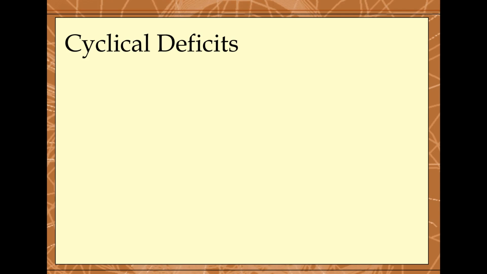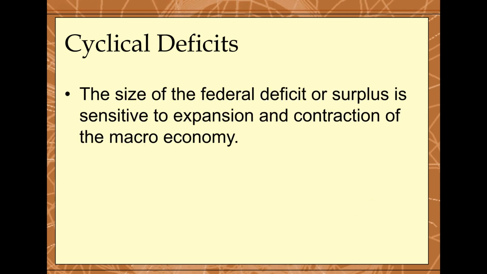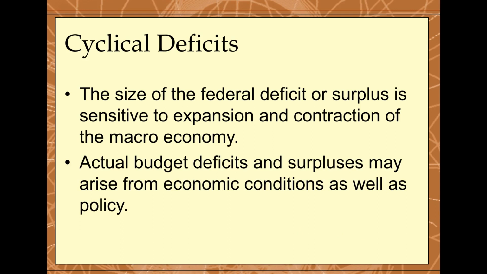One, it's just spending more money regardless of what's happening to revenues, or it could be spending more money because the economy is faltering and revenues are falling. So the size of the federal deficit or surplus is sensitive to the business cycle, the expansions or contractions of the overall economy. And the actual budget deficits or surpluses may arise from economic conditions as well as policy.